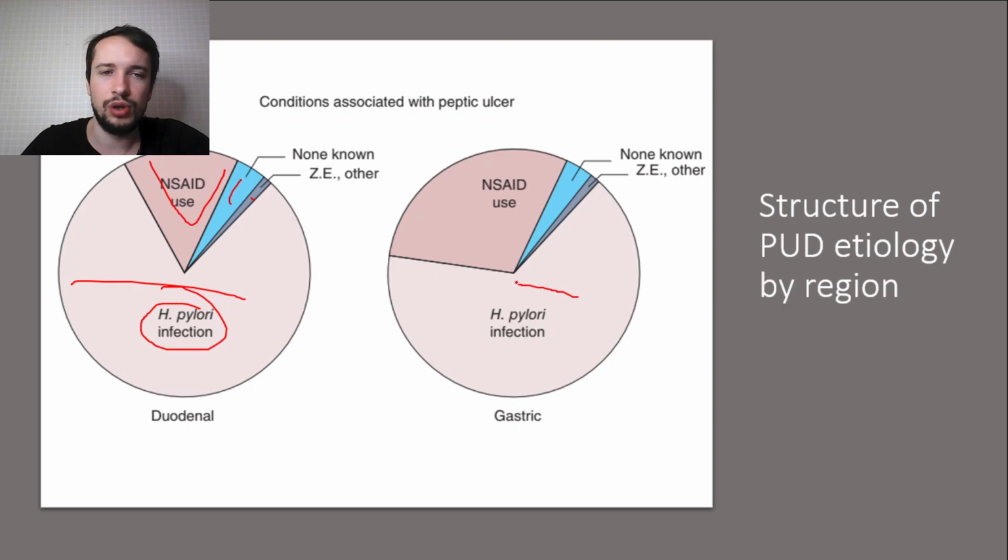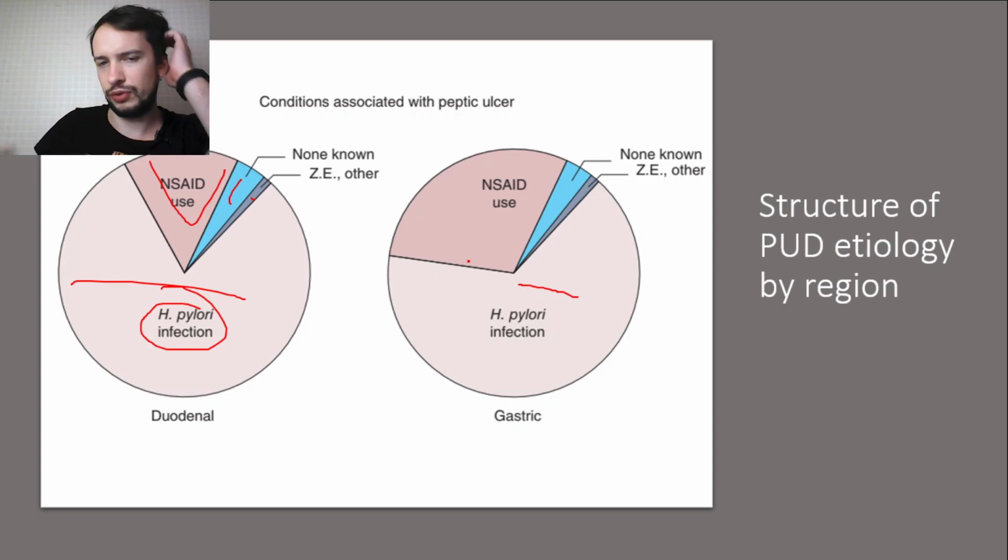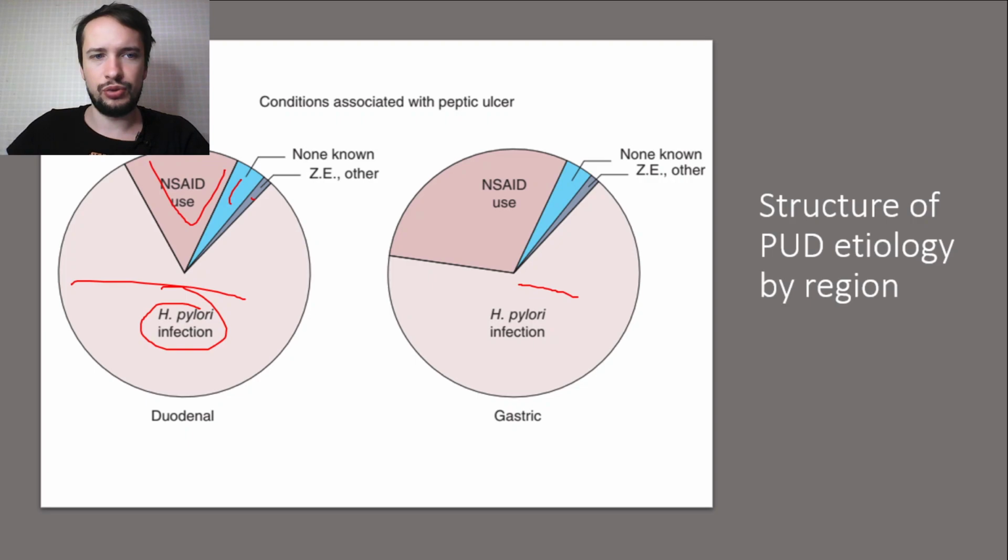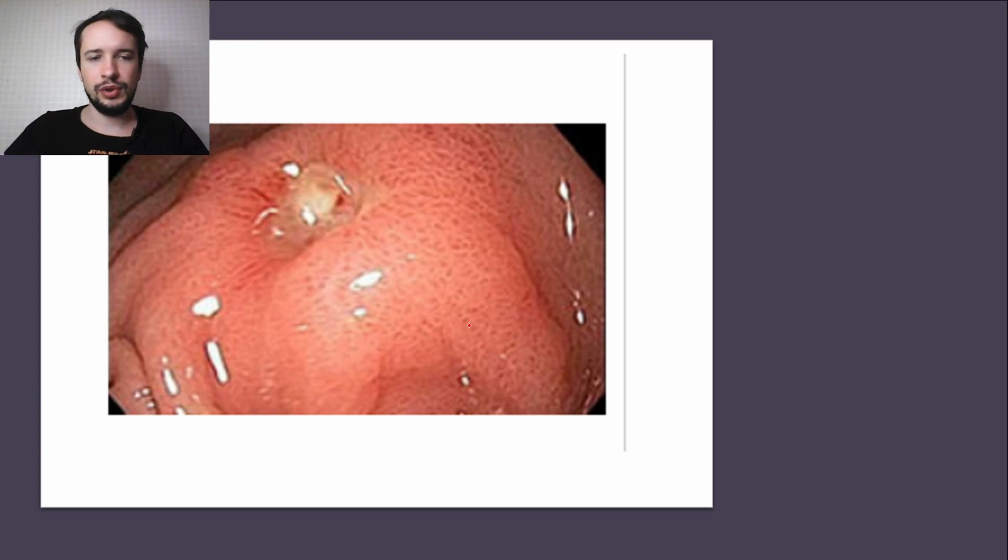When we talk about gastric ulcers, we need to understand that the causes are divided roughly 30 to 70. Here you see how this ulcer looks in endoscopy.